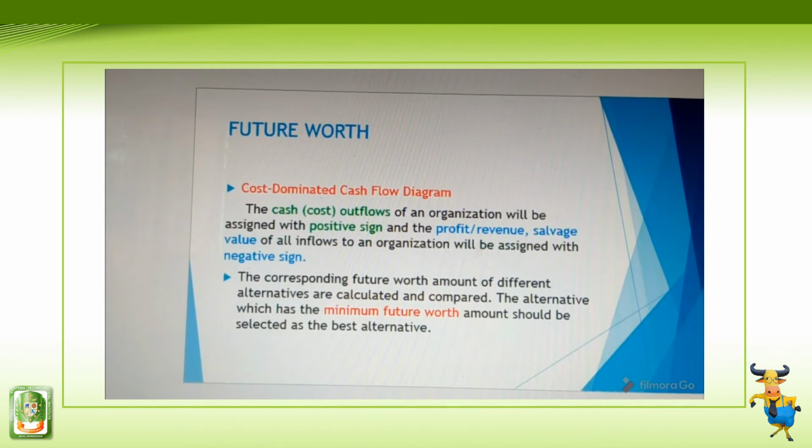While in the cost-dominated cash flow diagram, the cost outflows of an organization will be assigned with a positive sign, and the profit or revenue, the salvage value, and all inflows to an organization will be assigned with a negative sign. So the corresponding future worth amounts of different alternatives are calculated and compared. The alternative which has the minimum future worth amount should be selected as the best alternative.